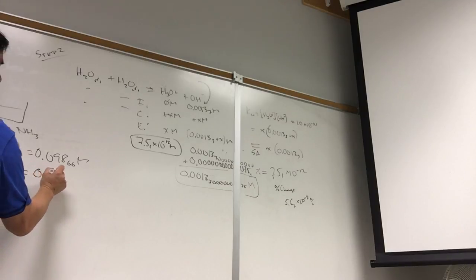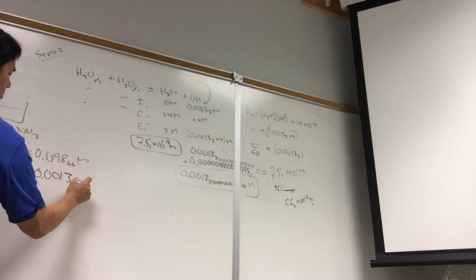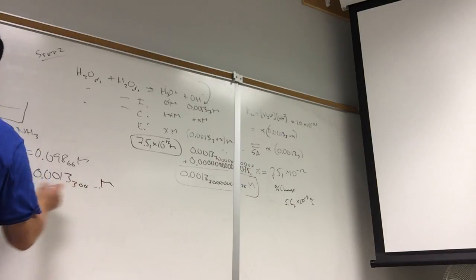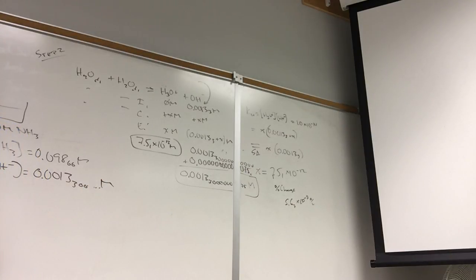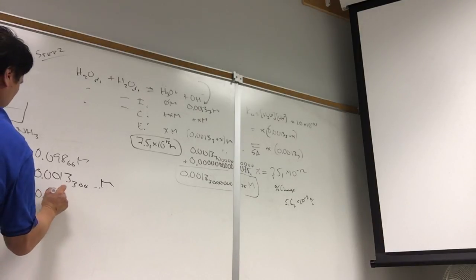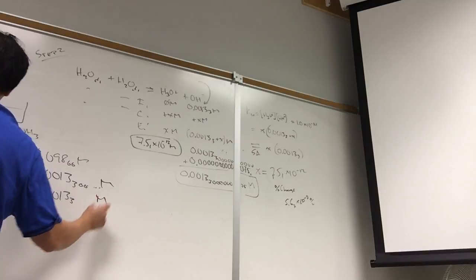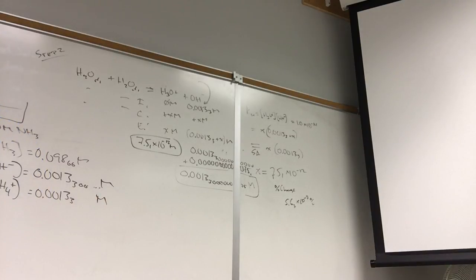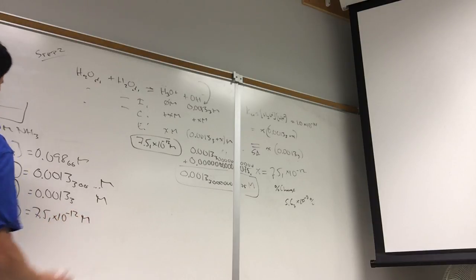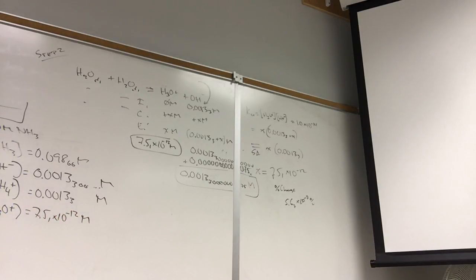Hydroxide is 0.00133 molar. And then I'll have some ammonium. The ammonium stopped over here at 0.00133 molar. And then I'll have some hydronium. Hydronium is 7.51 times 10 to the minus 12.